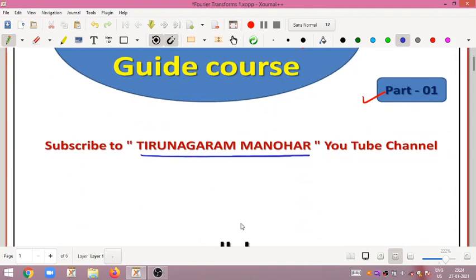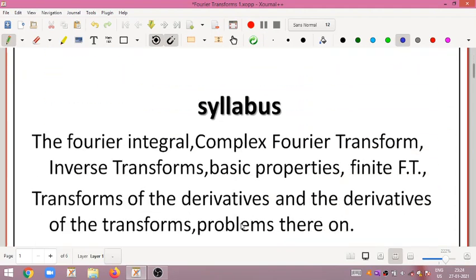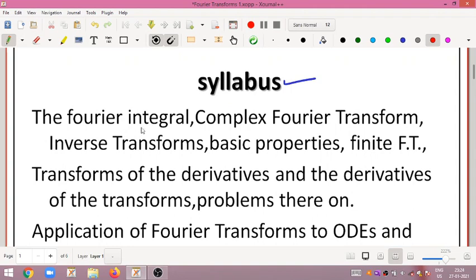So in the Fourier transforms, first the syllabus introduction. We want to introduce the syllabus. In this Fourier transform, first there is the Fourier integral. Next, complex Fourier transforms, inverse transforms, basic properties, finite Fourier transforms.